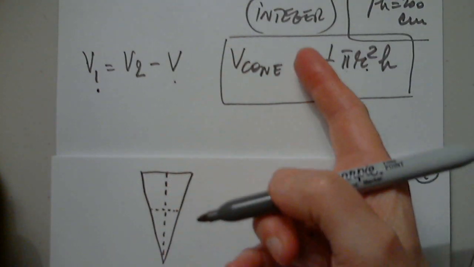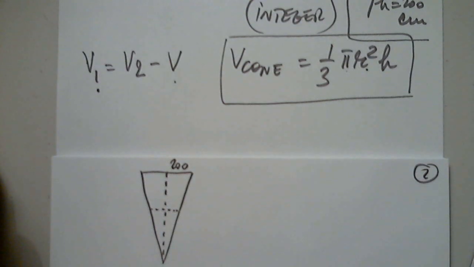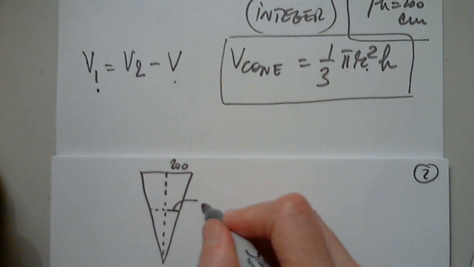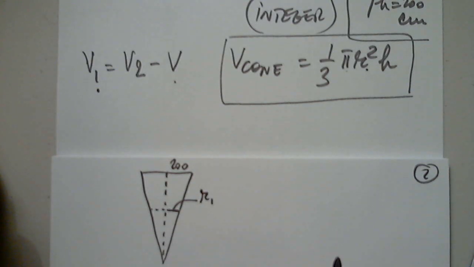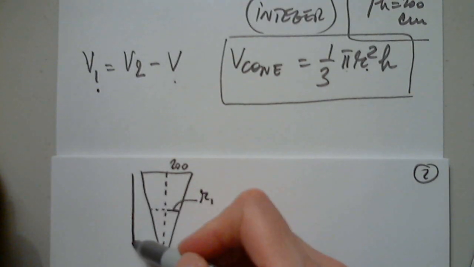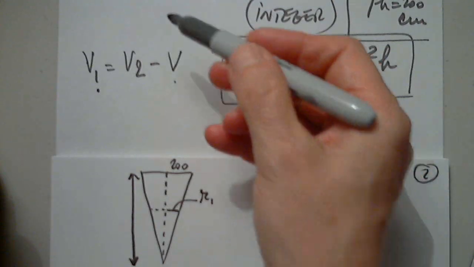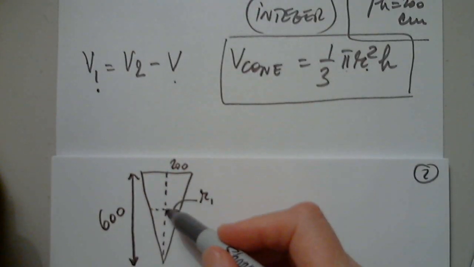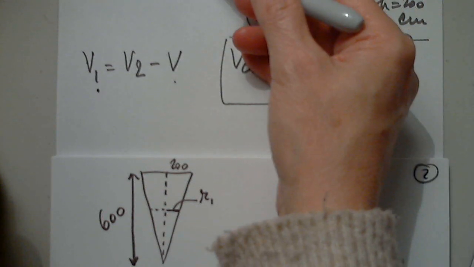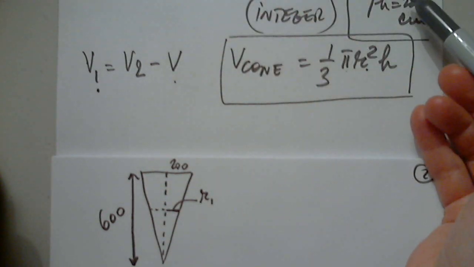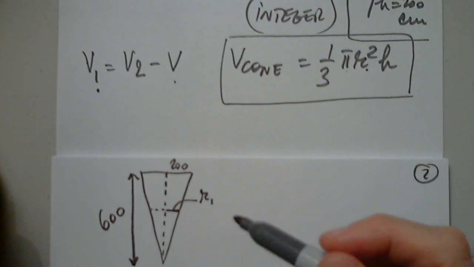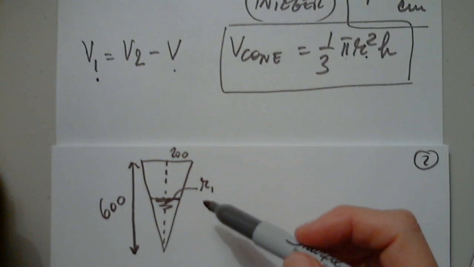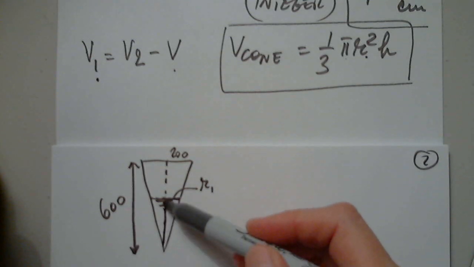This is the radius of 200 right here. This one I'm going to call R1. This is known, 600. So the volume of water at this particular instant, I cannot use 200. I have to determine this height.